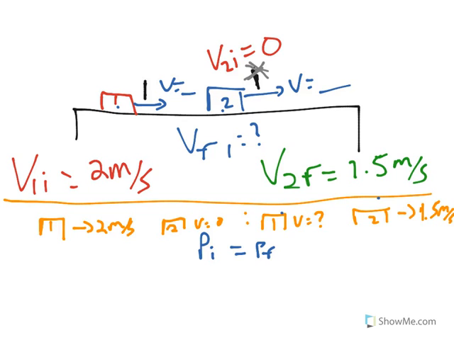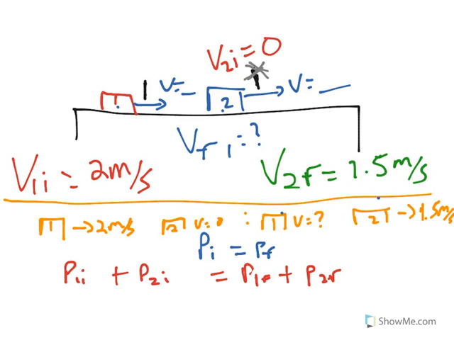So, for the momentum initially, we would do the momentum of 1 initially plus the momentum of 2 initially. And that tells us the total momentum of the system initially. The momentum finally would be the momentum of 1 finally plus the momentum of 2 finally.